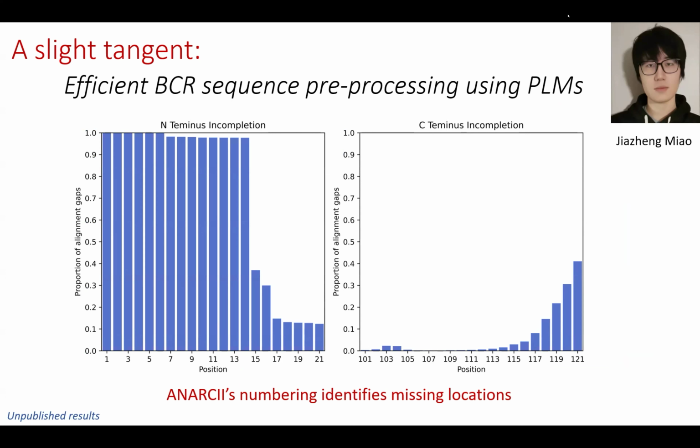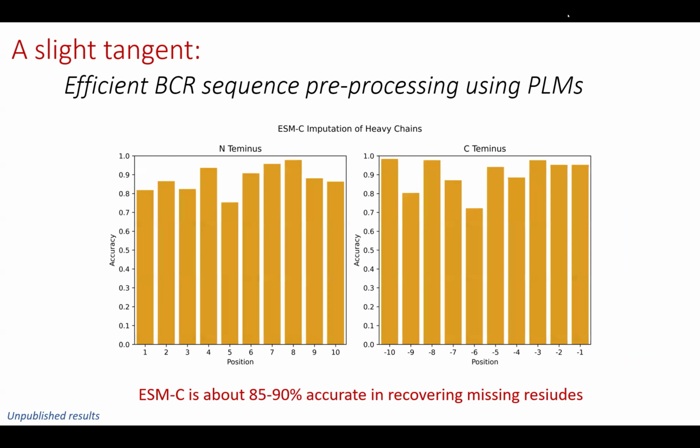And then you can use ESMC to impute these locations. It does a pretty good job, like 85 to 90% accuracy in recovering missing residues. And remember that even if you were to do BLAST or IgBLAST, they will also have some failure rate, because in some of those cases they will not be able to give you a high quality prediction of the one thing you should be replacing with.